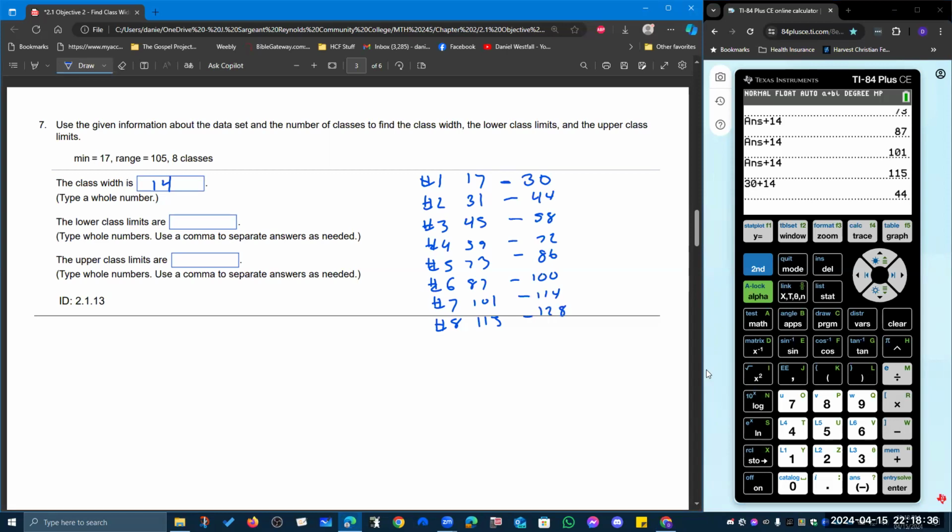Lower class limits are 17, 31, 45, 59, 73, 87, 101, and 115. Upper class limits are 30, 44, 58, 72, 86, 100, 114, and 128.